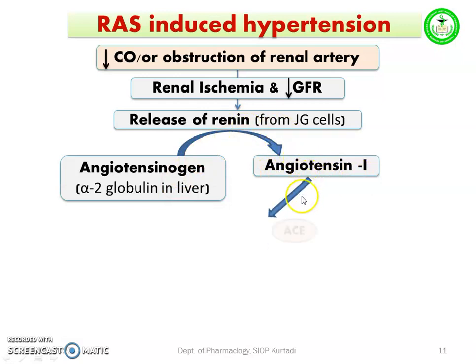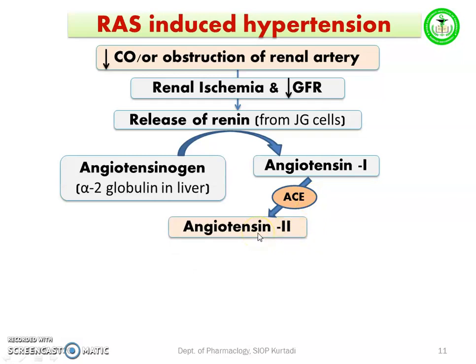Again, the ACE enzyme, angiotensin converting enzyme, which is present in endothelial cells of capillaries of lungs and kidney, further converts the angiotensin 1 into another form, which is an active form, known as angiotensin 2.